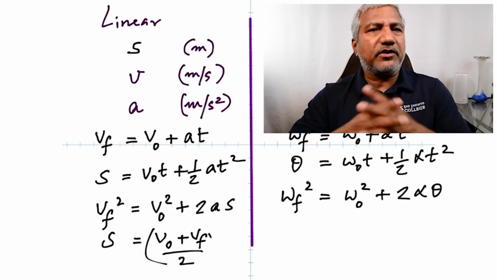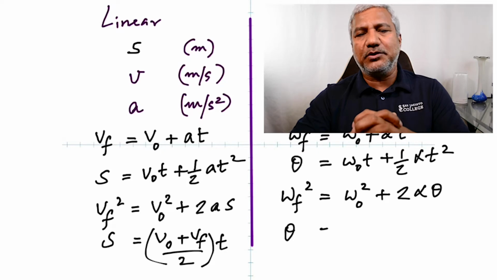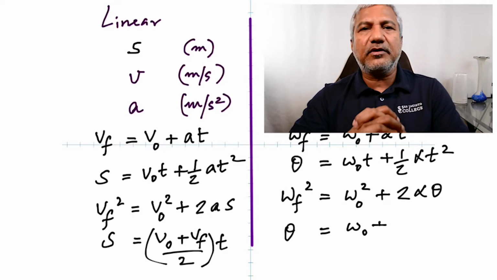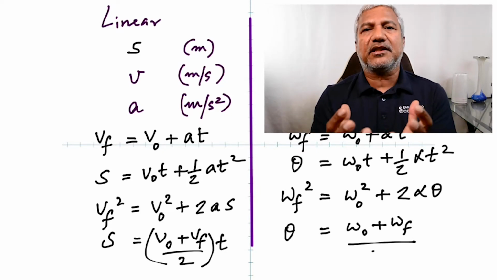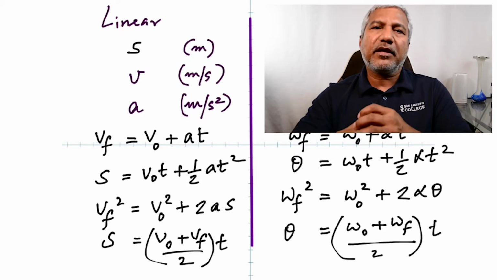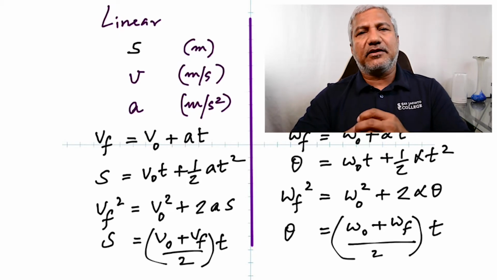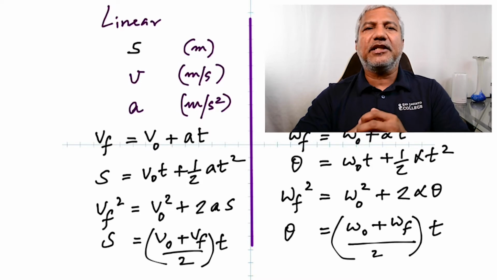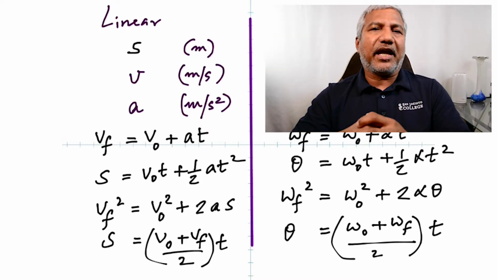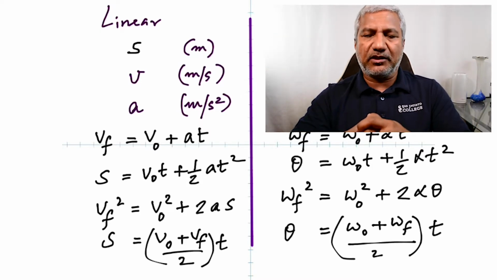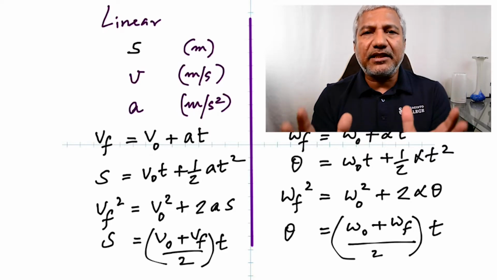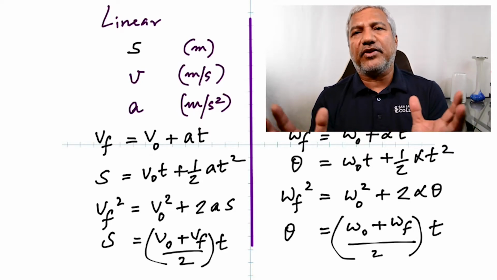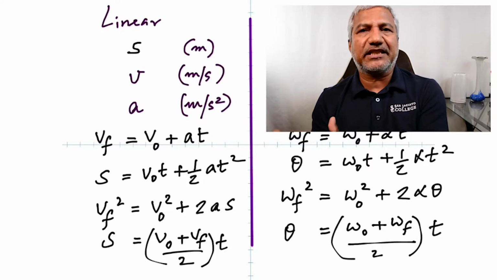This is another equation that I tell my students to use, which is quite useful, where you take the average velocity multiplied with time to get the displacement in linear motion or the angle of rotation in rotational motion. So that is a brief idea of the equations in rotational motion.